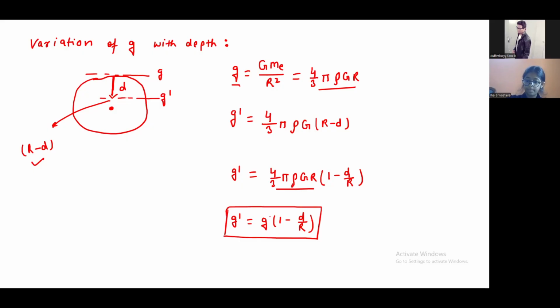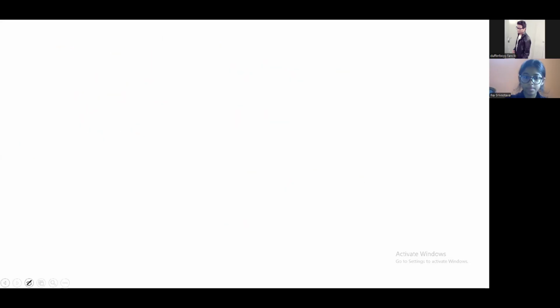Here we see that when we are moving below the surface of the earth, the g value decreases. So we can write the first point.